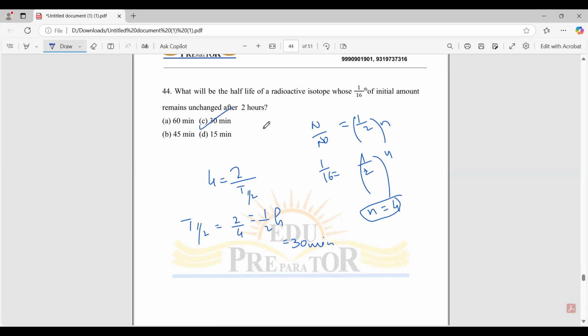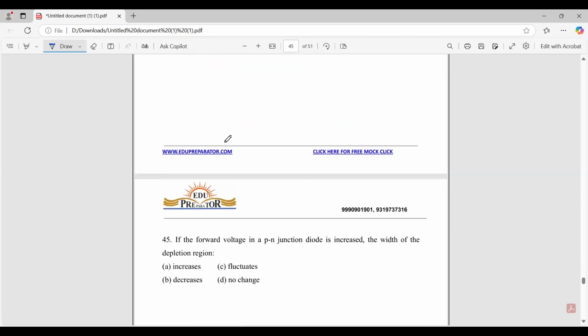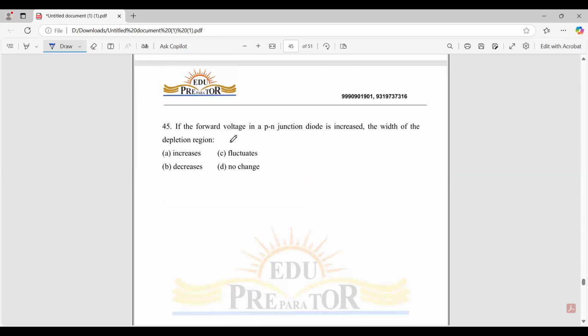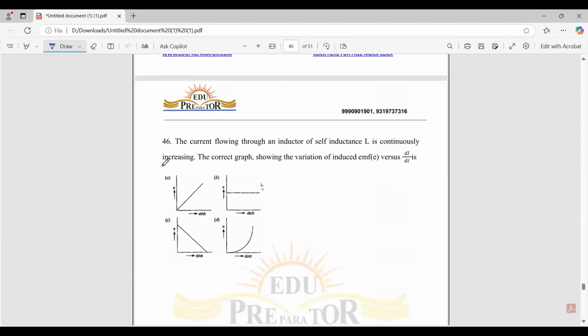So proceeding for the case, again, as we have discussed, we got this answer. Now, 45th question, I believe this is the simplest type of semiconductor question. If the forward bias is increased, the width of the depletion layer will decrease. So it is a direct application of the concept.